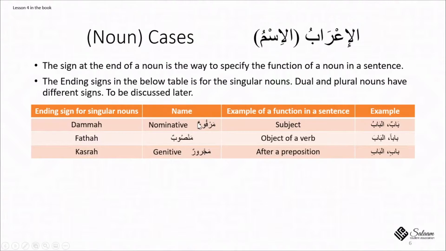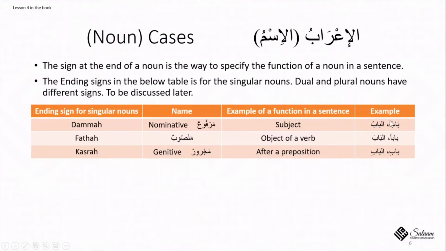Marfu'un, yes, or marfu'a if you are going to stop. So marfu'a means it has a dhamma at the end. So I ask you, babun here, what's the i'rab?